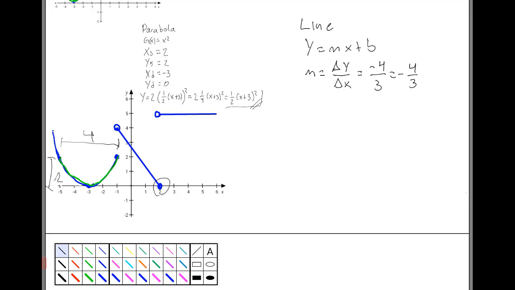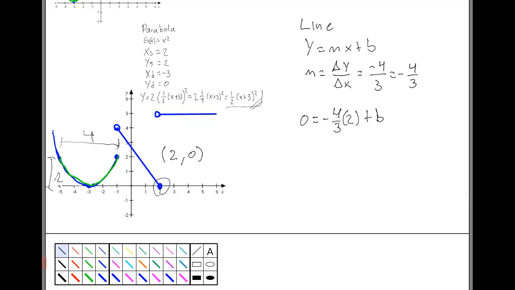Then we plug in any point. We're going to use this point over here, that is 2, 0, right? So we write the y value, that is 0, equals m, that is negative 4/3, times x, that is 2, times 2, plus b. We are doing this to find b.